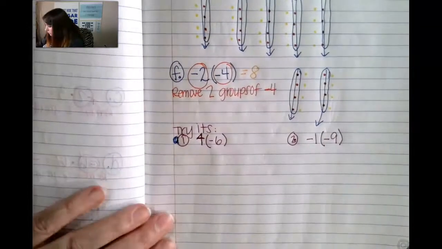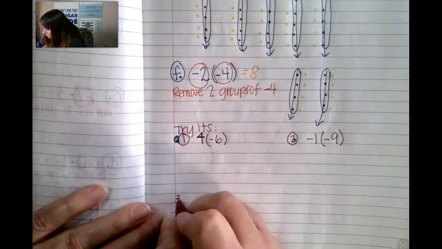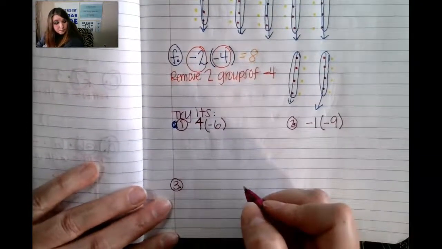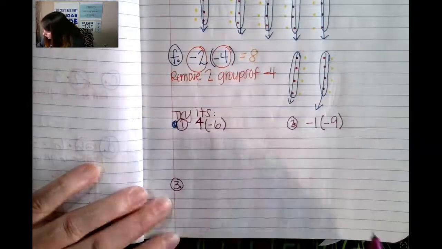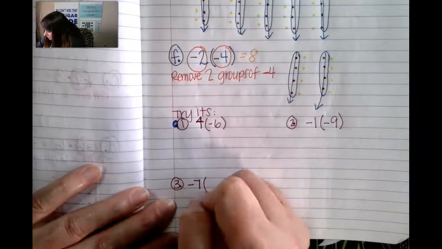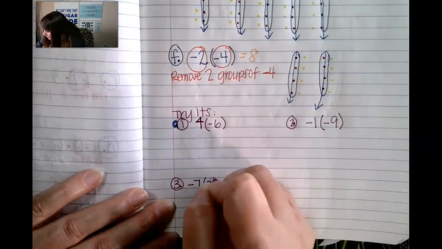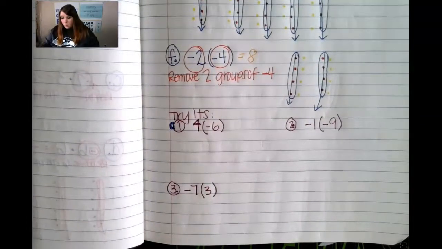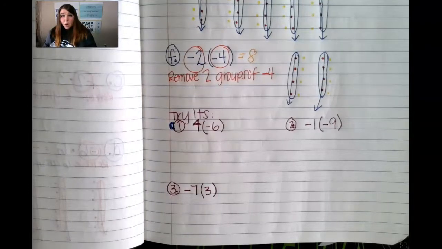And then number 3 is -7 groups of 3. Okay, so hit pause right now so you can really try to work through this. Talk to yourself about it as you're working through the problems. When you're ready, come on back and hit play.